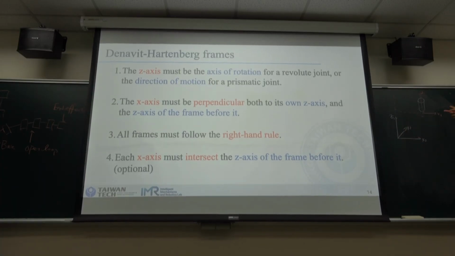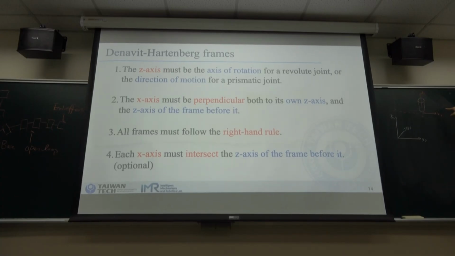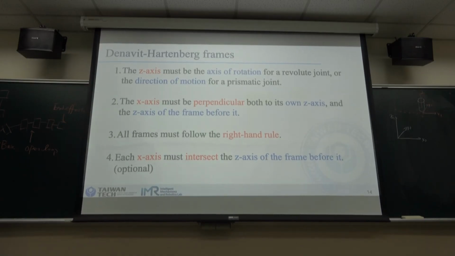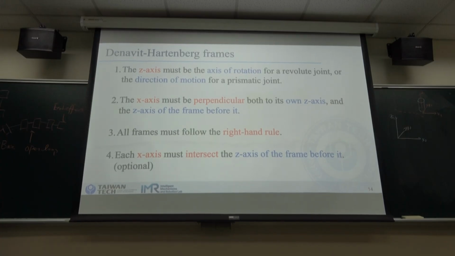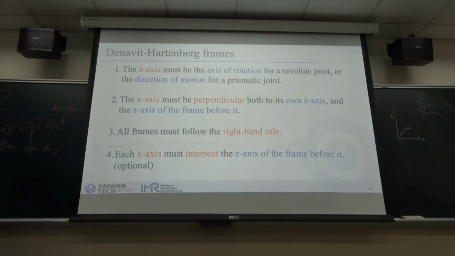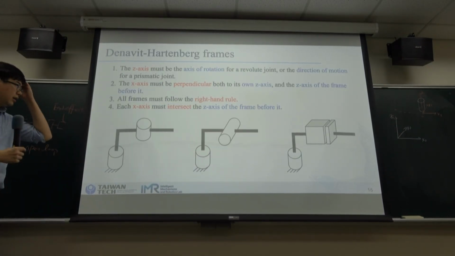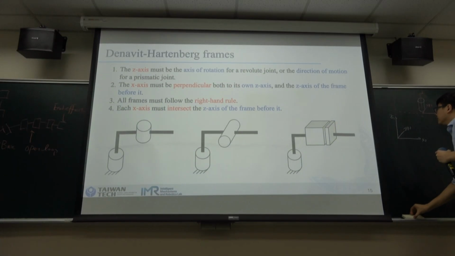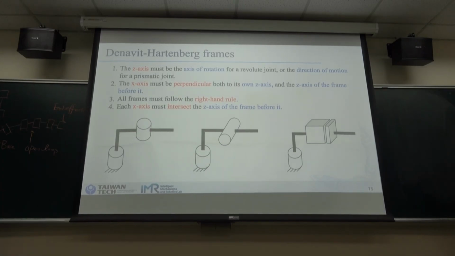And after we establish the z-axis and the x-axis, through the right-hand rule we will know that the y-axis is over here. So follow these four rules. This is the DH convention. Maybe we can try it for a few examples. I think the first one is the same.